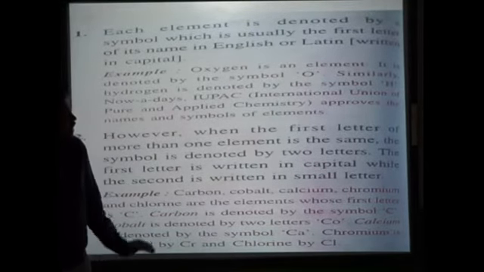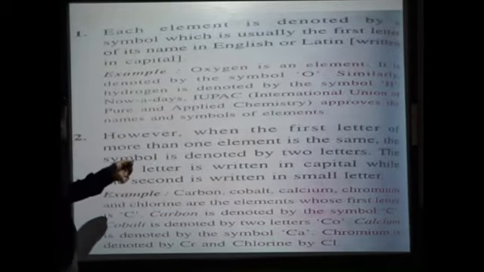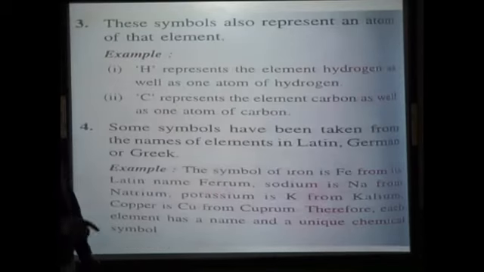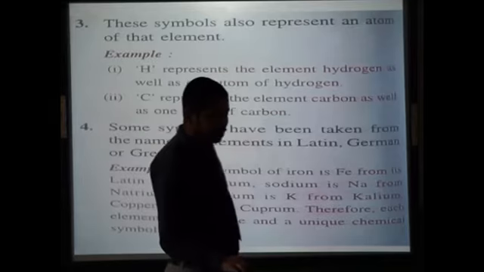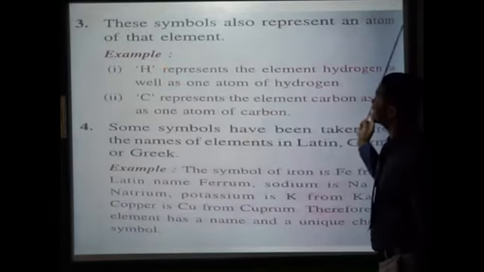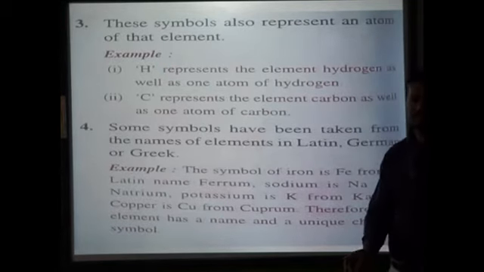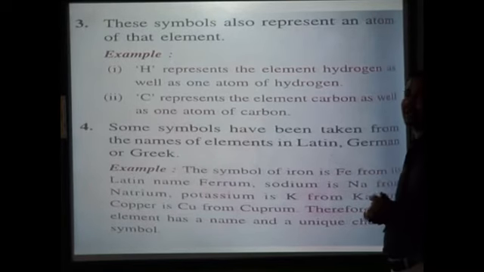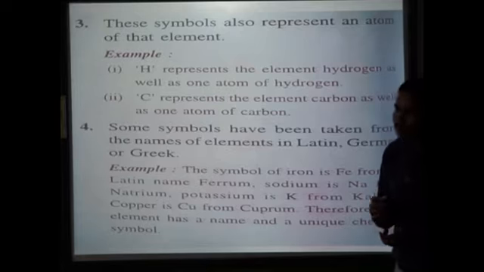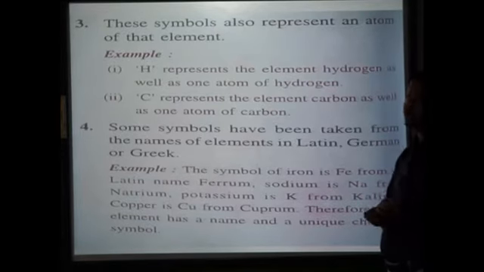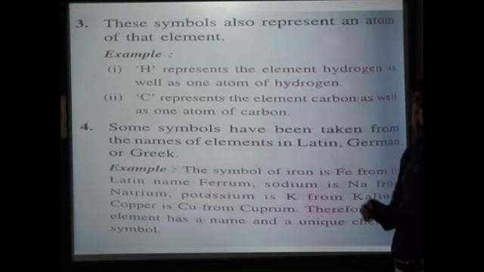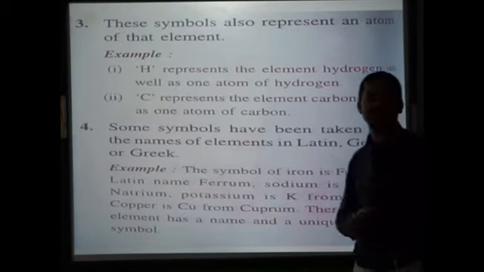Okay, this way he assigned symbols to the elements. Then number 3, these symbols also represent an atom of that element. So the symbols are simply not the name of the element. They do not only give the name of the element, they also represent an atom of that element.